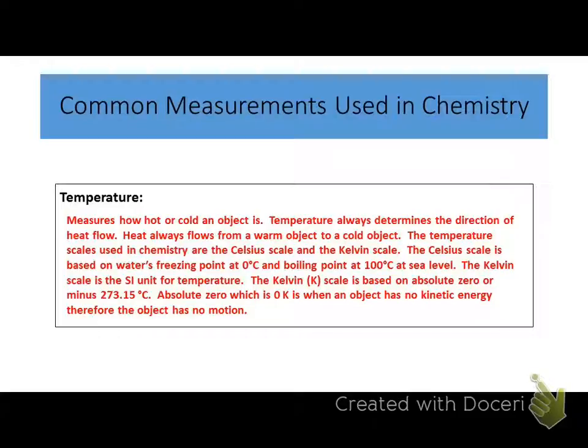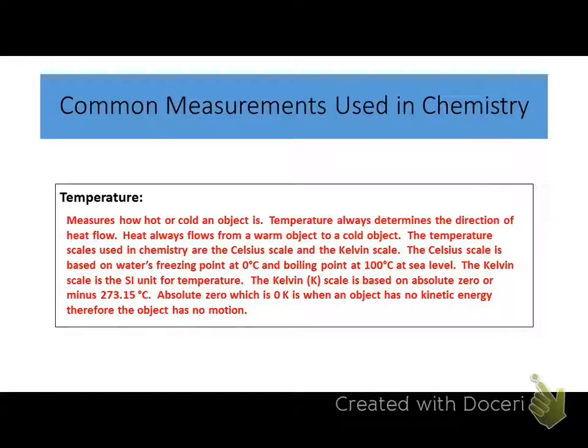All right? And so if you have two objects that have different temperatures, it tells us which object the heat is going to be transferred to. Now, in chemistry, we really use two temperature scales: the Celsius and the Kelvin scale. Most of you are very familiar with the Celsius scale, but the Kelvin scale, maybe not so much.